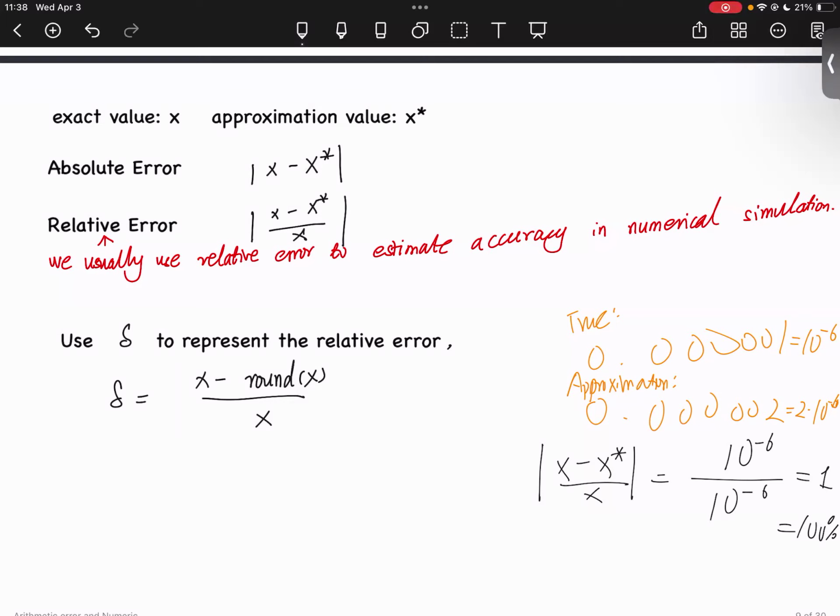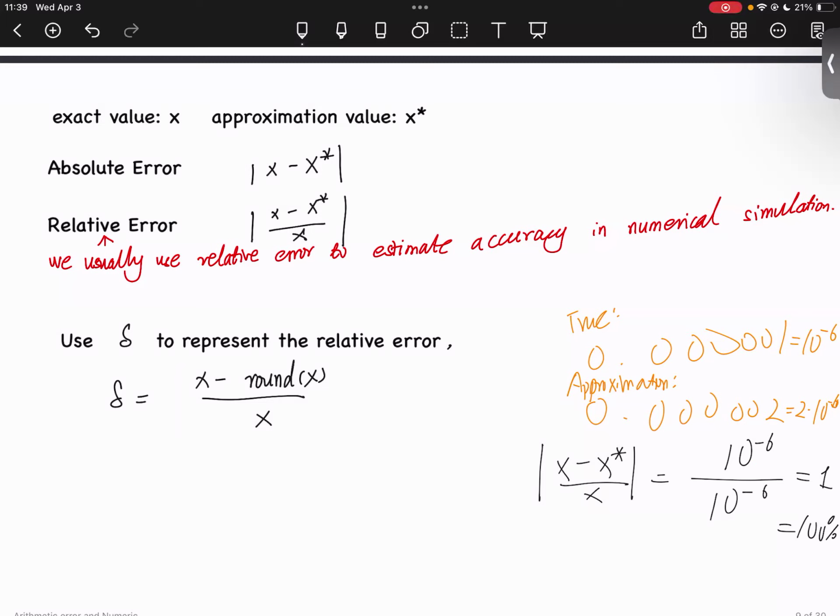So a lot of the time, your numbers have scales, and you get a lot of approximations that are in the same scale. The absolute error doesn't say anything about how big your error is. And actually, we are using the relative error to measure how accurate we achieve. So this is the relative error.